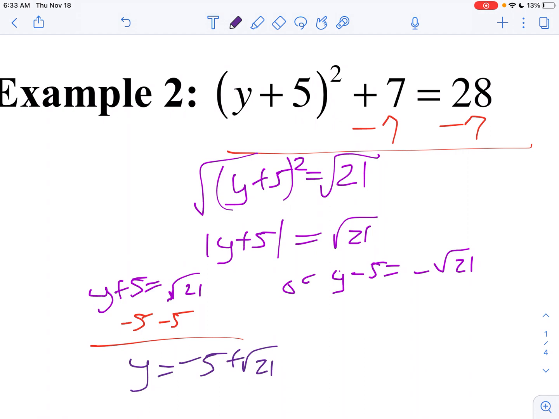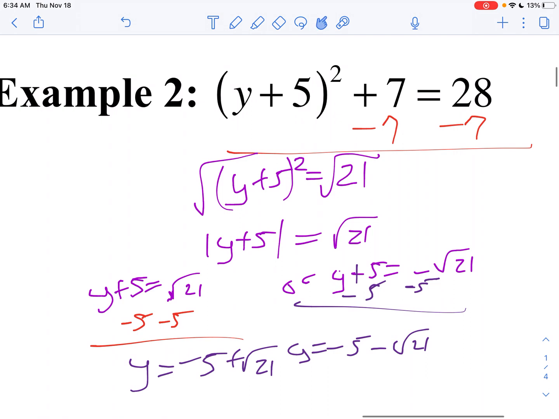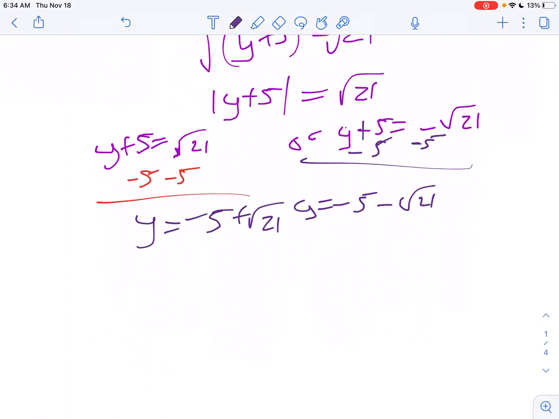And then subtract 5, I'll get negative 5 minus the square root of 21. A lot of times you'll see people write this, since it's plus and minus of the same number, as y equals negative 5 plus or minus the square root of 21. This is the exact answer.